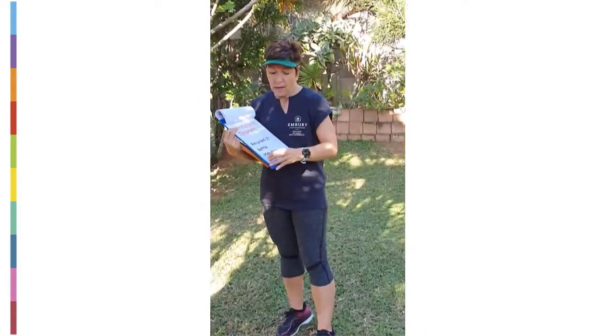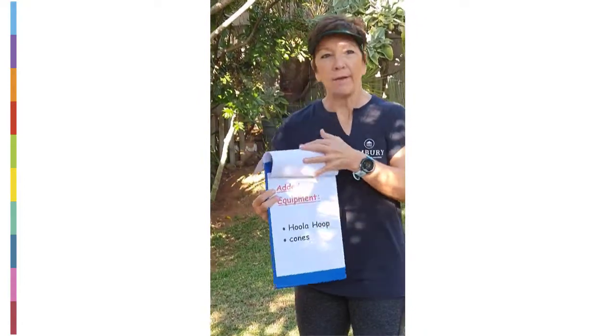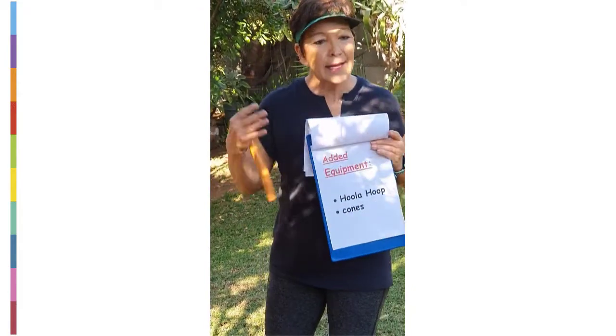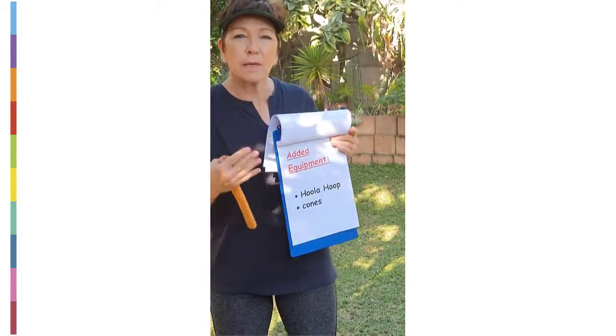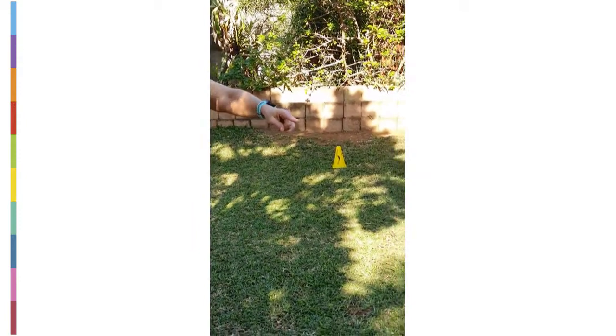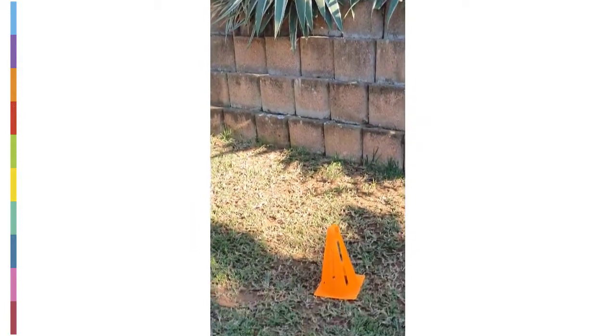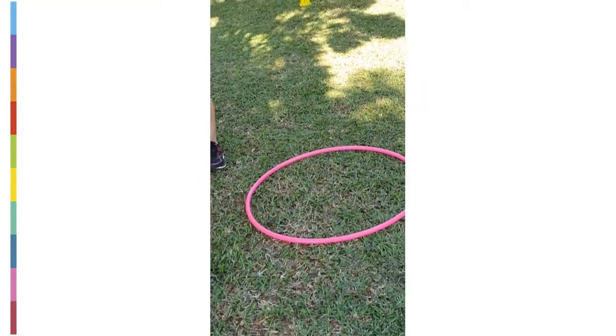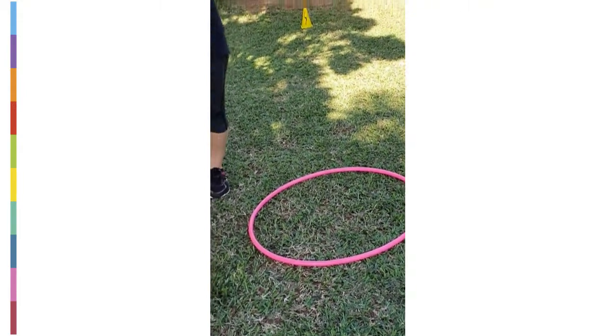Then, once I've got my manufactured equipment, I also have to add some equipment that will give some substance, some support to the activities. So what I've done is I've used 2 cones to be beacons so that my learners know where to run to, and I've also used a hoop so that there's some dimension in the activity.